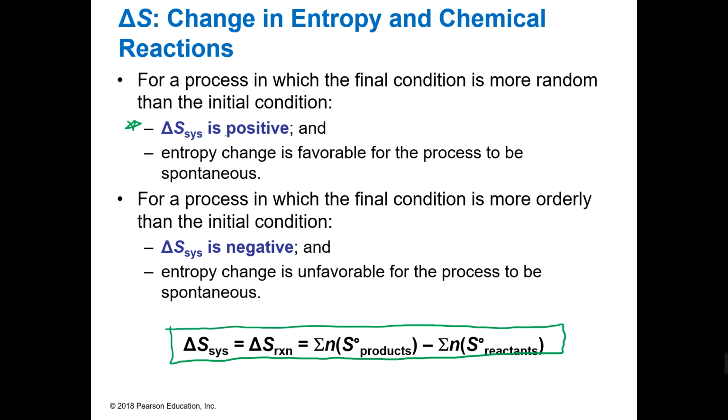When delta S of the system is positive, we have a favorable entropy change, meaning we're becoming more chaotic. It might be something like going from a solid to a liquid or a liquid to a gas. We're becoming more disorganized with a positive delta S of the system. When delta S is negative, entropy is not favored. It is not a favorable reaction, so it can't be spontaneous.